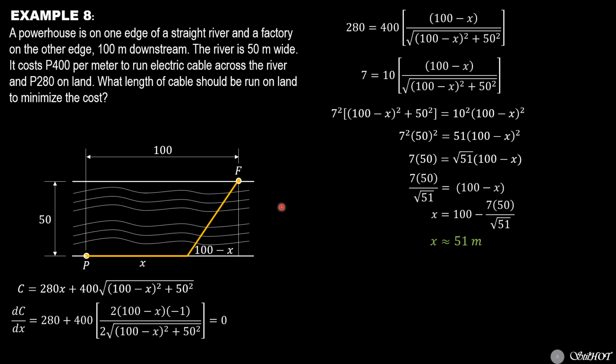Now for the calculator technique, since it is the length that should be run on land to minimize the cost, once this situation is set up, for board exam purposes, there will be choices for X. Then you set this up in your calculator, then press calculate.